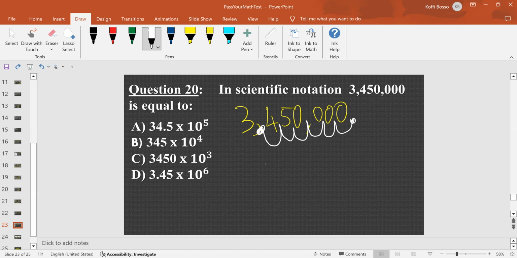So that means we're going to stop here. Therefore, we're going to have 3.45 multiplied by 10 raised to positive 6. Why positive 6? Because we move left, so it has to be up. Therefore, the correct choice is B.